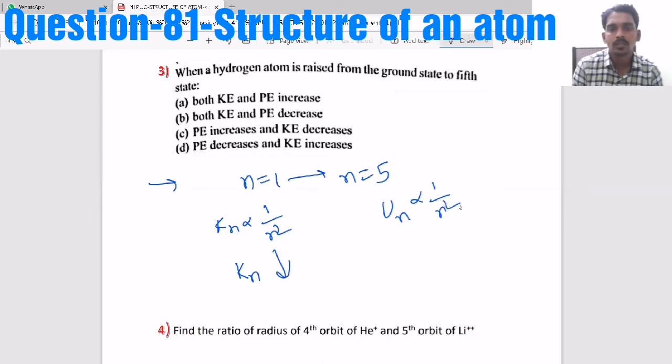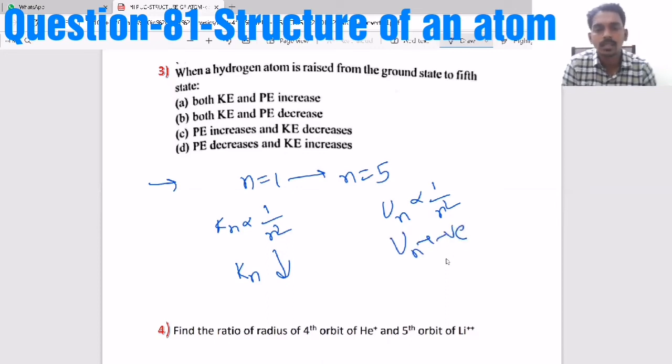U n is also 1 by n square. But here, potential energy is negative. So, as n increases, magnitude decreases, but the potential energy increases. So that is the difference.